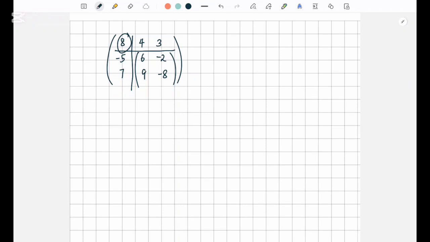So it's 8 into 6 into minus 8 minus 9 into minus 2. According to the formula, this is minus all the time. It's going to be 6 into minus 8 minus 9 into minus 2.